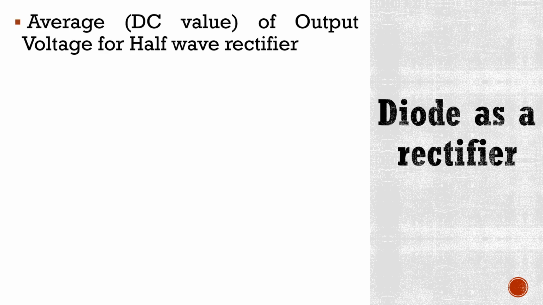Now we will understand the average or DC value of output voltage for a half wave rectifier. We know that this is one sine wave, and this total journey of one sine wave is 2 pi. It means this is pi and this is 2 pi.